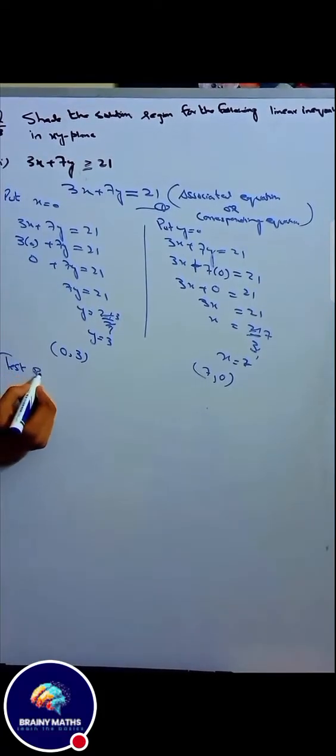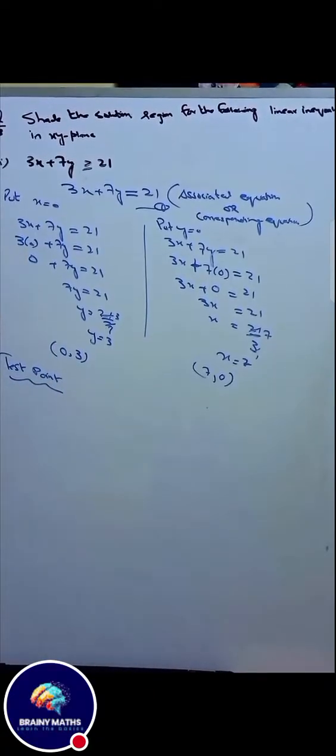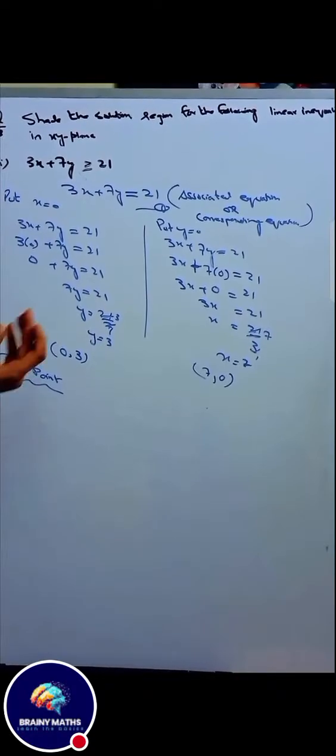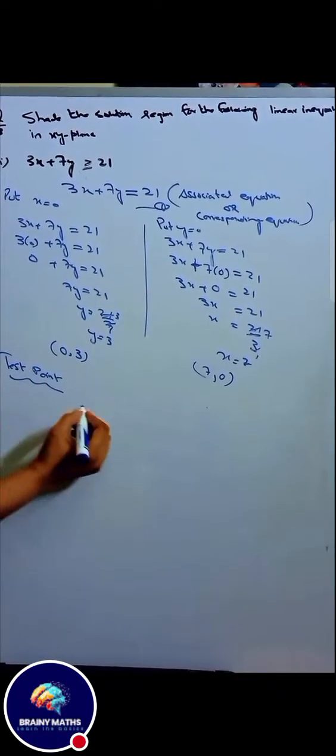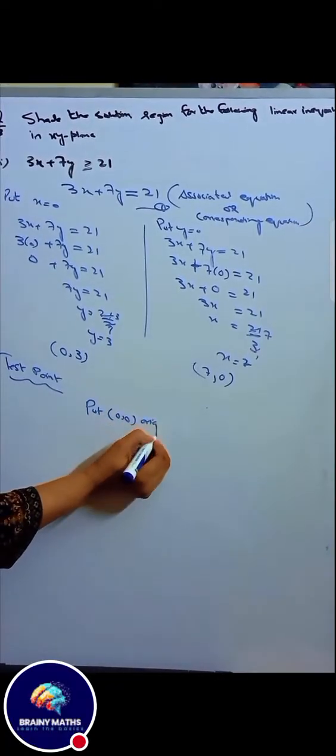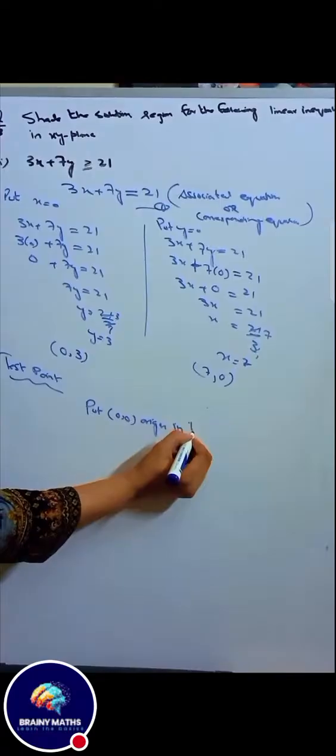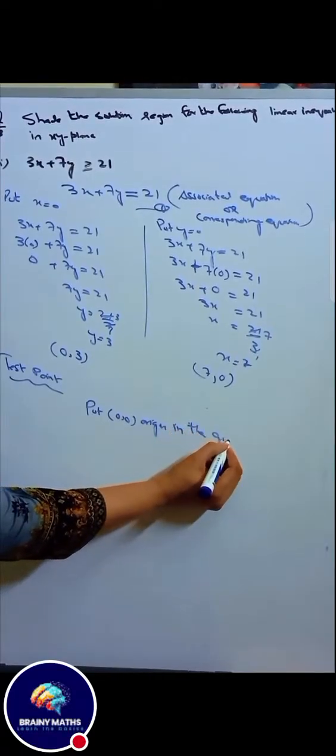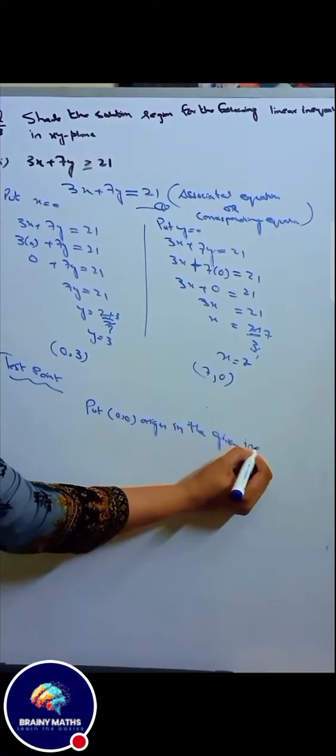I hope it's clear. Now, the next point is the test point. The test point is used to verify whether the inequality is true or false. For that purpose, put the origin (0, 0) in the given inequality.